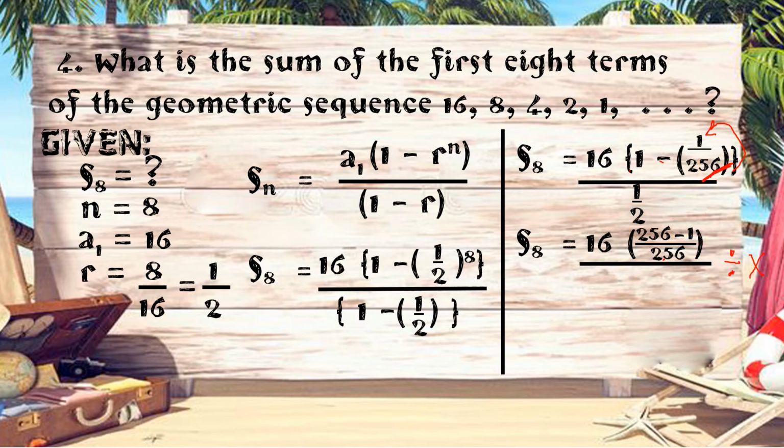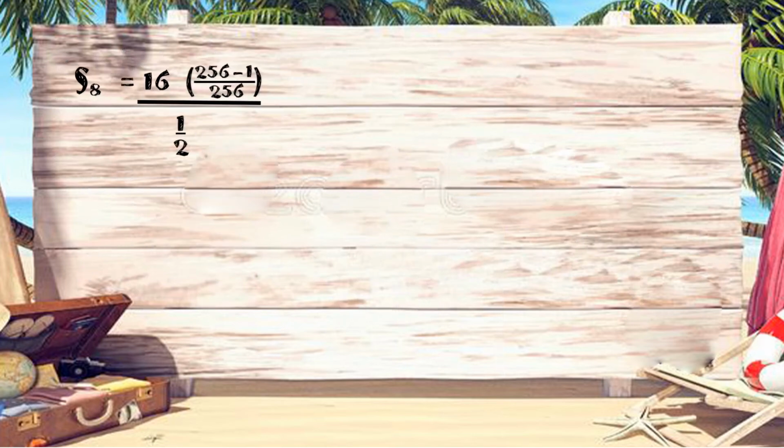Okay, burahin ko lang muna ulit para hindi magulo yung ating solusyon. All over 1/2. And then we have S sub 8 is equal to 16. Again, times 256 minus 1 all over 256 divided by 1/2. So we have 16 times, 256 minus 1 is 255 all over 256 divided by 1/2.